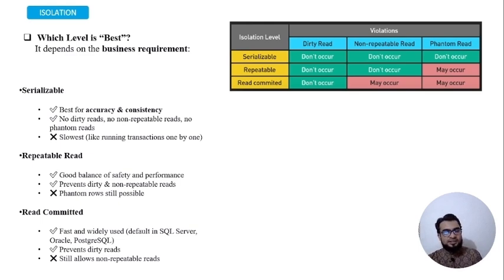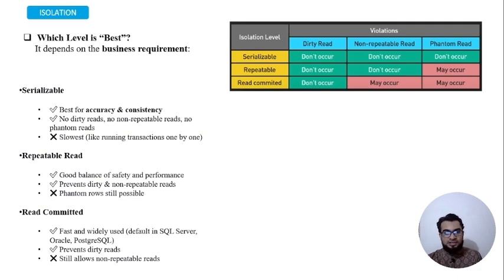Serializable is best for accuracy and consistency. No dirty reads, no non-repeatable reads, no phantom reads, but it is the slowest. Repeatable read gives a good balance of safety and performance. It prevents dirty and non-repeatable reads, but phantom rows are still possible because it reruns the query.